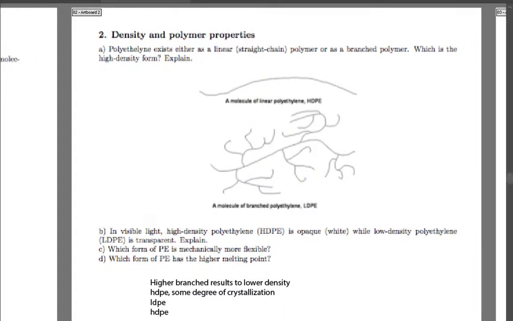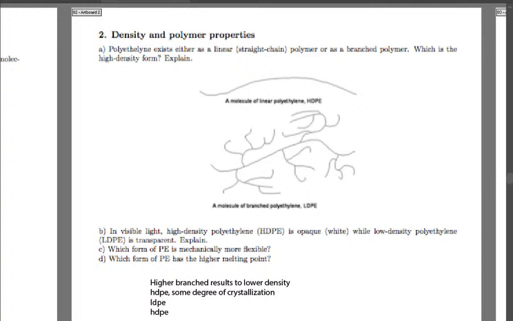For number two, density and polymer properties. Polyethylene exists either as a linear polymer or as a branched polymer, which is the high density form. Explain. For the linear one, it is packed much more easily, which means that it has a higher density.